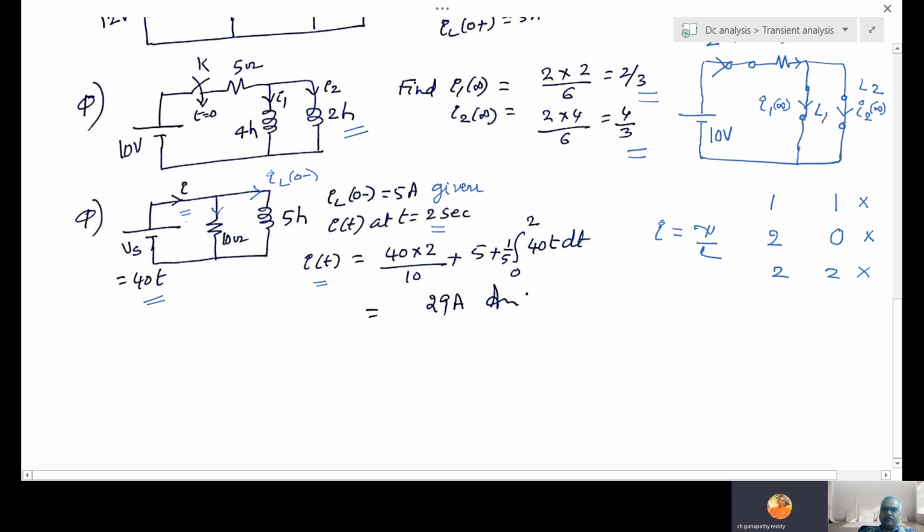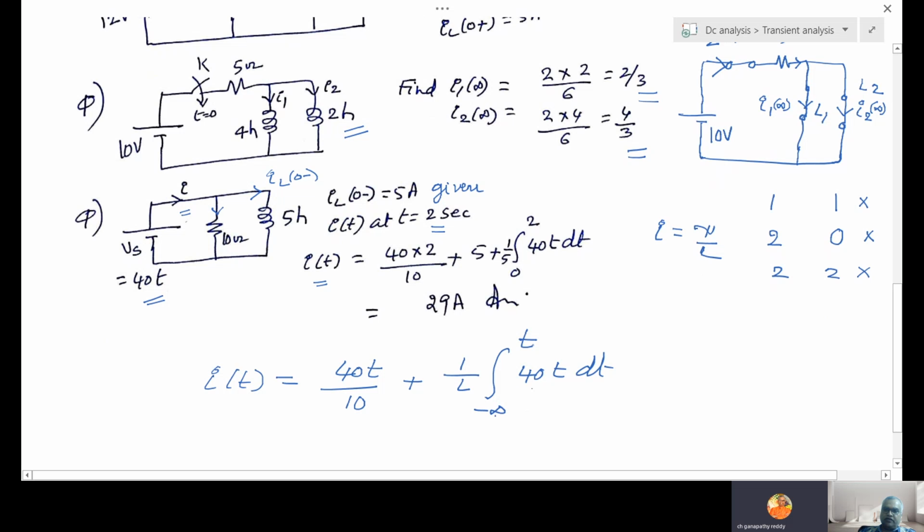So I of t is 40T by 10 plus the current flowing through the inductor: 1 by L integral from minus infinity to t of 40T dt. Vs is V of t. So 40T dt is the basic equation.